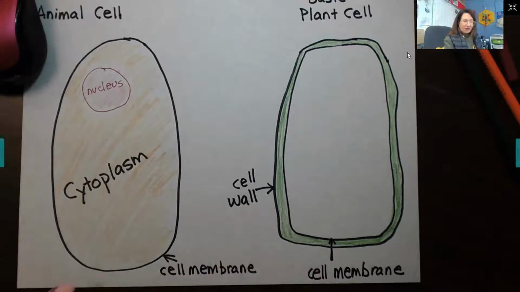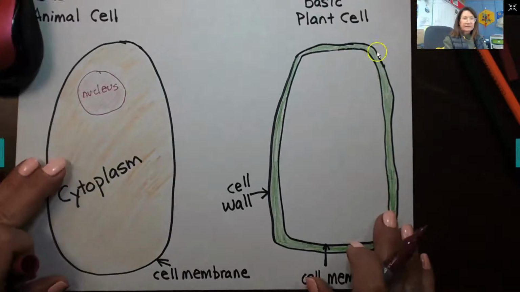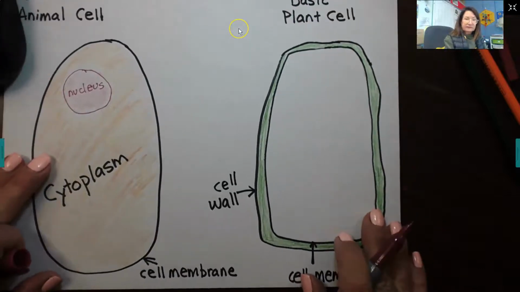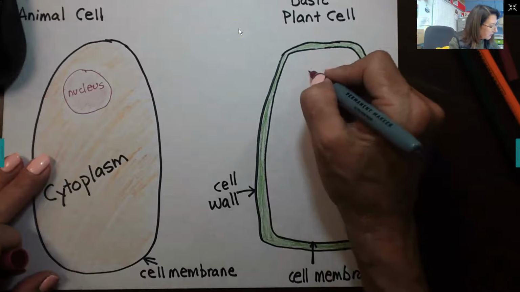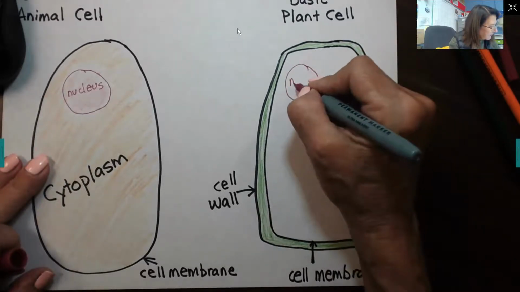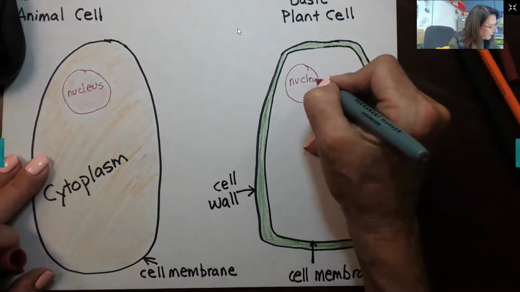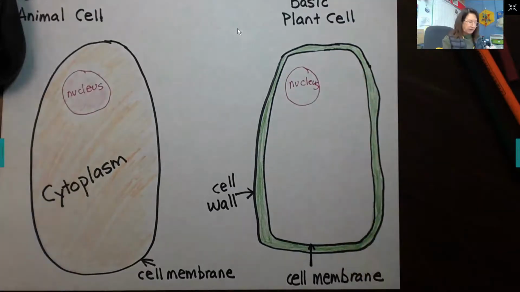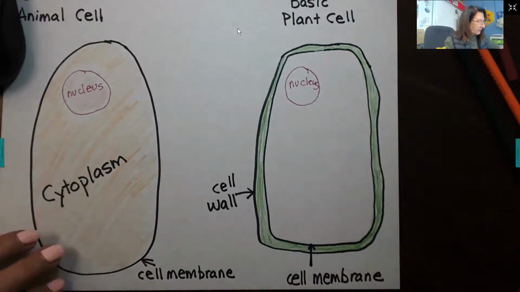So you can see that this is my cell wall, and then this inner one is my cell membrane. So they have that in common. All right, next I'm going to draw my nucleus. So I'm going to put it up here. Nucleus. Sorry, it kind of went over. And I'm going to add a little color to that.